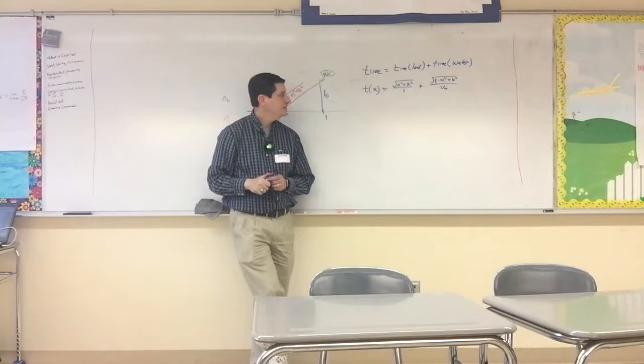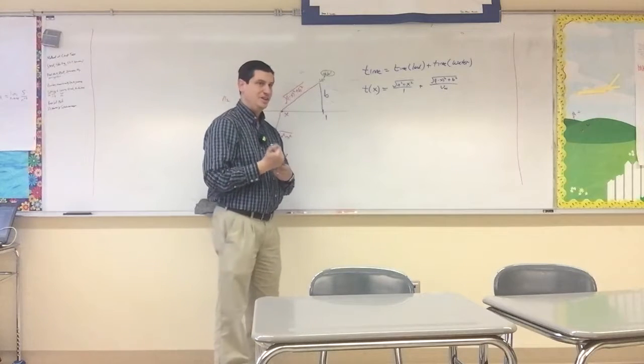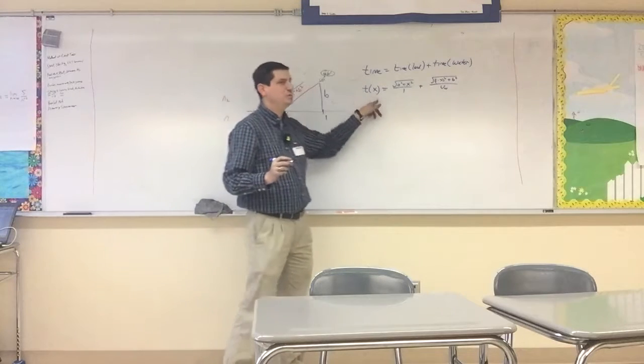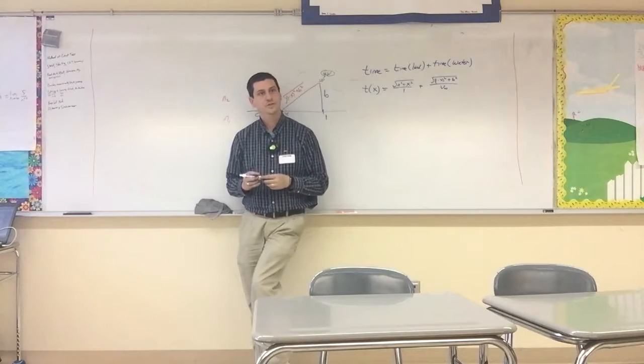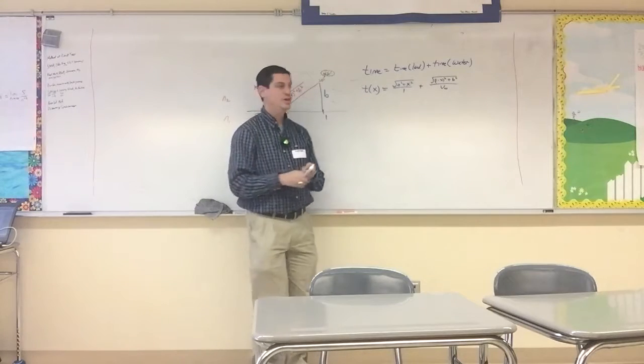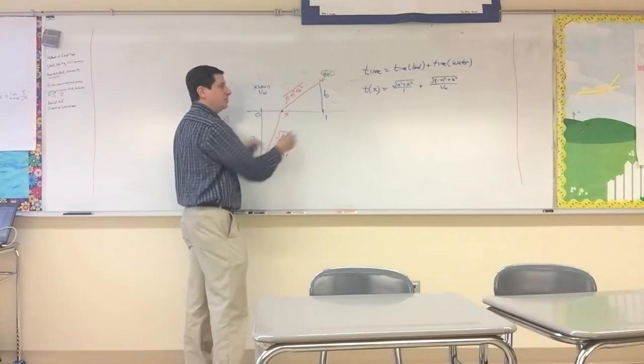So how do we find the best value of x? So we want to find the minimum. So how do we find the minimum of this? So we find where the derivative is 0, and then we also have to check the endpoints. So the two endpoints are going to be x equals 0 and x equals 1.